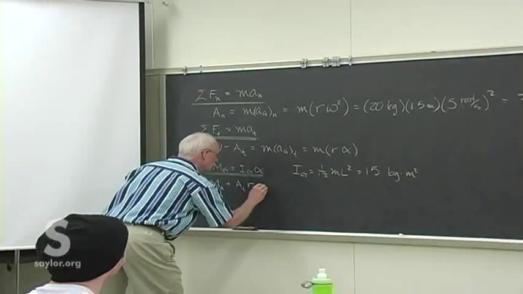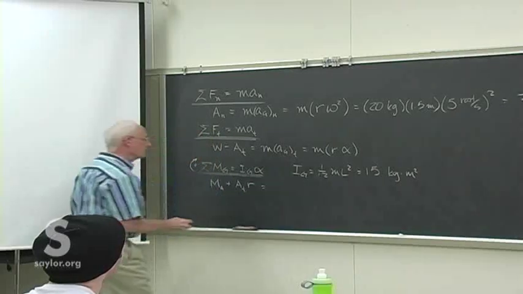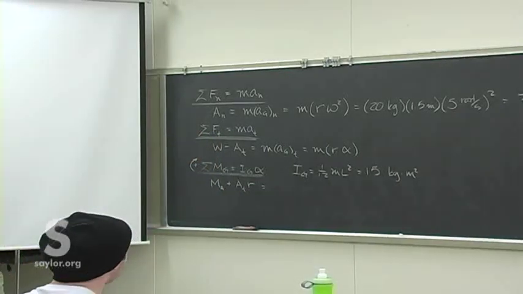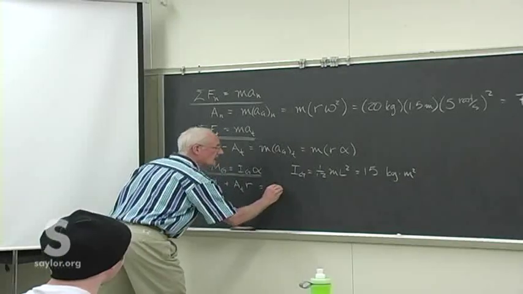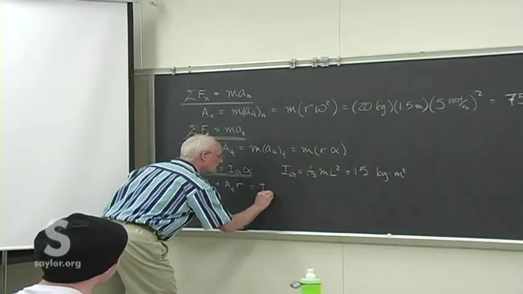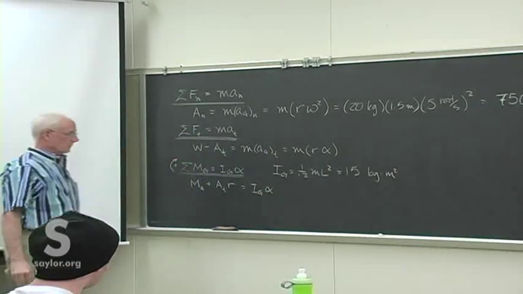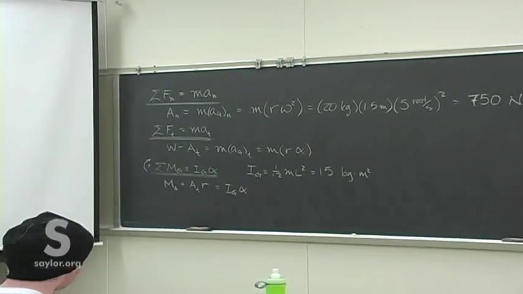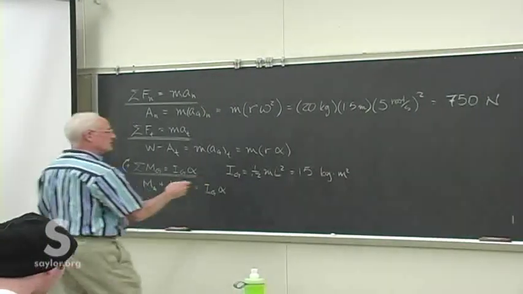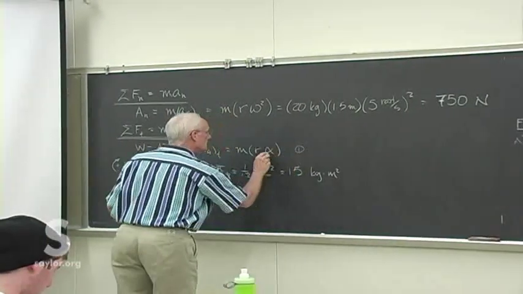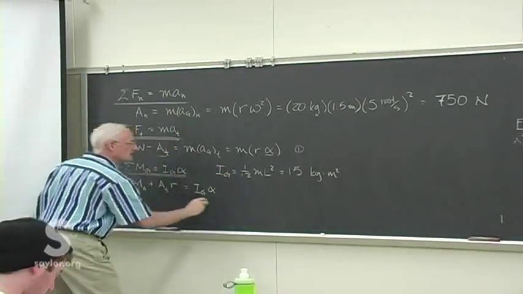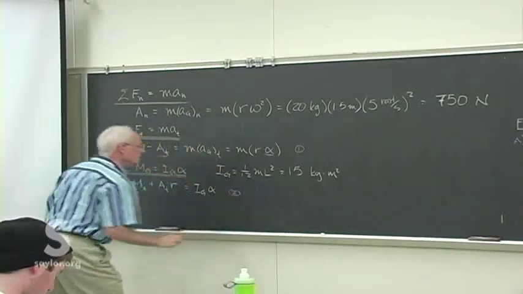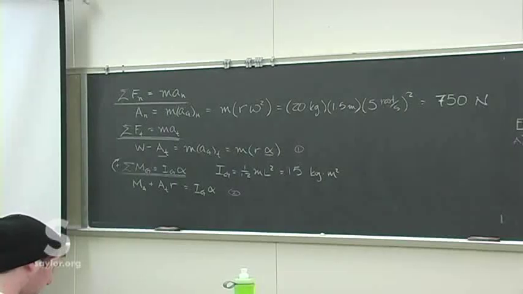So that's good. We haven't introduced any more unknowns. I think we only have two unknowns anyway, so we're coming up on the two equations we need to solve it. And that's going to equal IG alpha, and we know what I is, and we're just looking to find alpha. So there we go. There's two equations, two unknowns. Two unknowns, alpha and AT, and our two equations, the two equations we just came up with. So as you go through these, be careful.